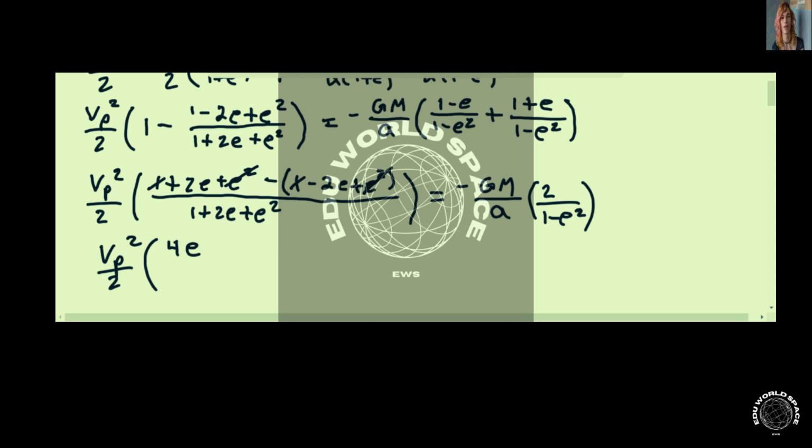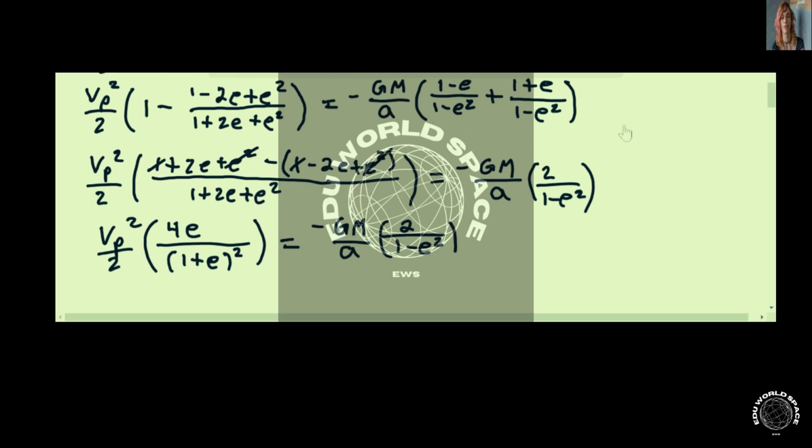So those do cancel out. So it's just 4e in the numerator over, I'm going to collapse this back down to what it originally was, which is 1 plus e squared. Okay, equals negative gm over a times 2 over 1 minus e squared.